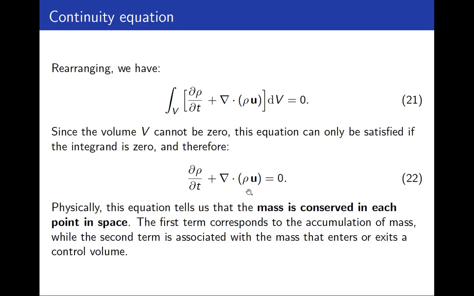Therefore, we obtain this differential equation, which tells us that the mass is conserved at each point in space. The first term corresponds to the accumulation of mass, while the second term is associated with the mass that enters or exits a control volume.